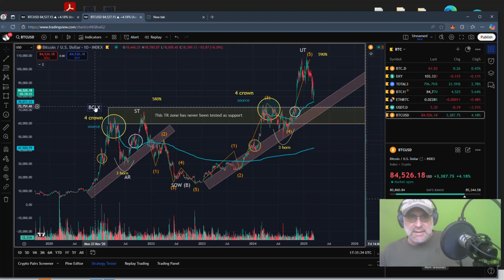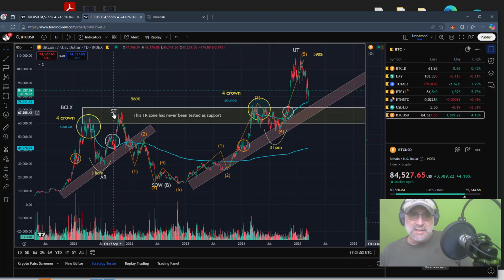And I have some of the Wyckoff features annotated on it, like the buying climax, the automatic rally, secondary test, sign of weakness in B, going all the way up to the upthrust, and I have the Elliott wave from the secondary test to the upthrust enumerated. So here's the 1, the 2, the 3, the 4, and the 5.